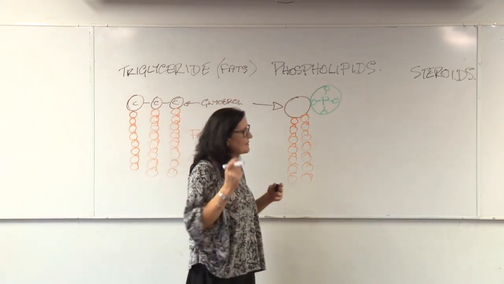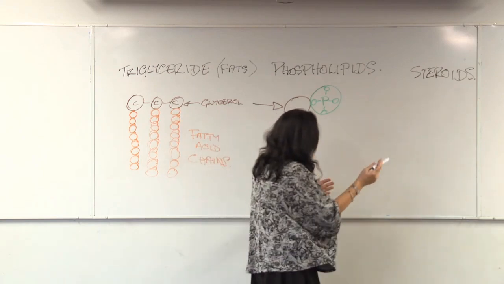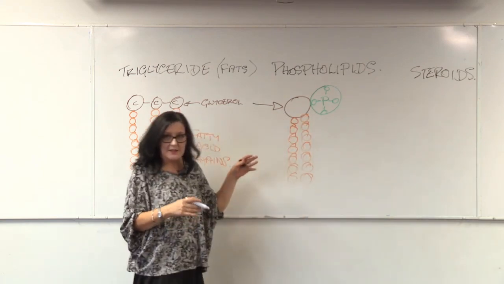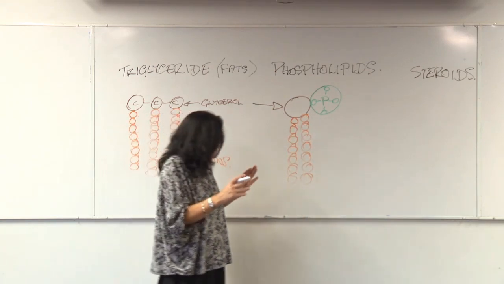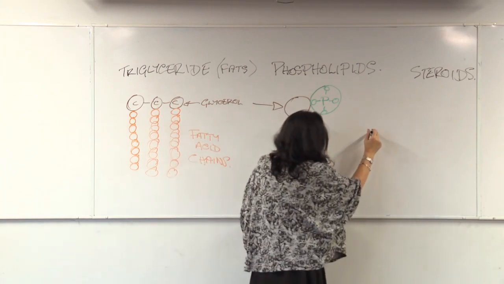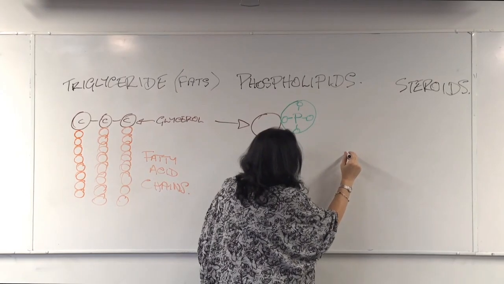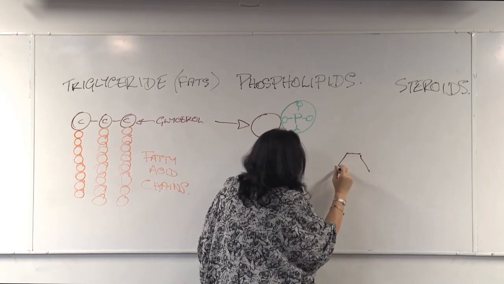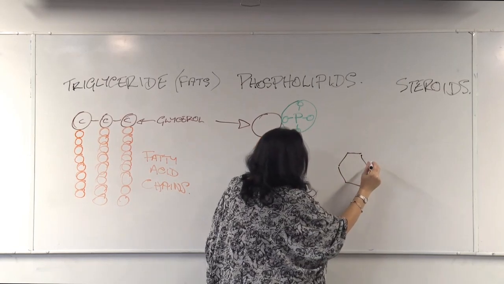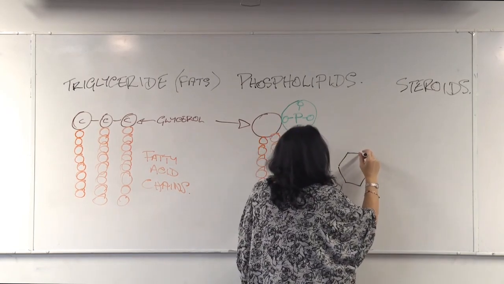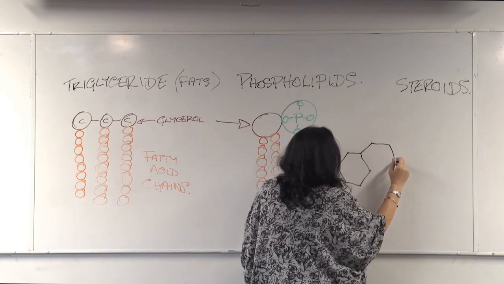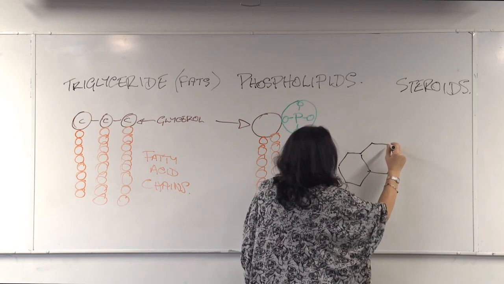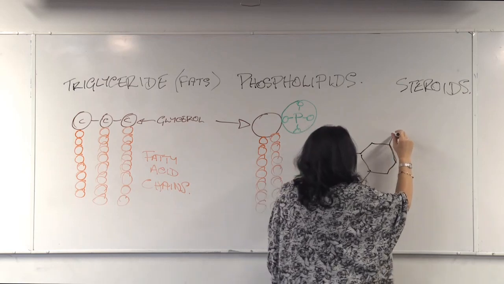Cholesterol is also a steroid. And instead of these chains, we have carbon rings. We have 4 carbon rings. So we have one there, and we might have one there, and we'll have another one there.